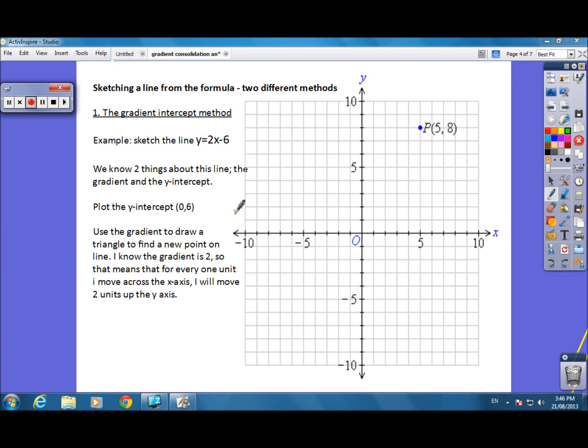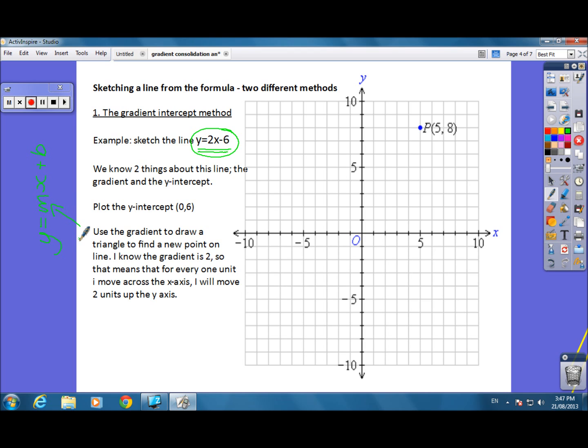Okay, back now. We're going to look at how we can draw a line if we know the formula of the line. So here's a formula for a line, y equals 2x minus 6, and I'm going to draw that line on this board here, just from that formula. Now, remember we said that lines can be written in the form y equals mx plus b.